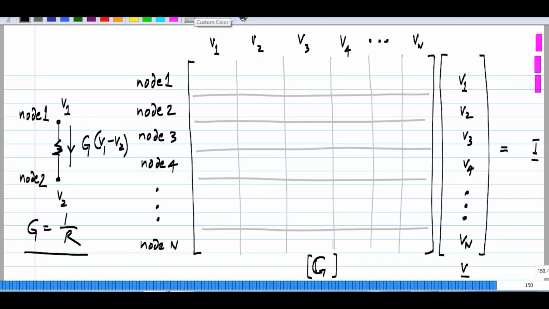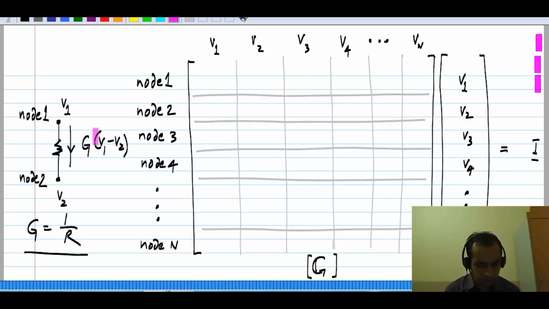Now this current flows from node 1 to node 2. So obviously entries corresponding to this resistor will appear in the equation corresponding to node 1 and the equation corresponding to node 2. And secondly, the current itself depends on V1 and V2. So it will appear in the column corresponding to V1 and the column corresponding to V2.